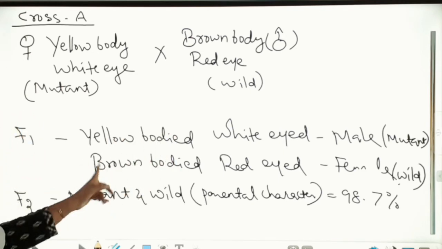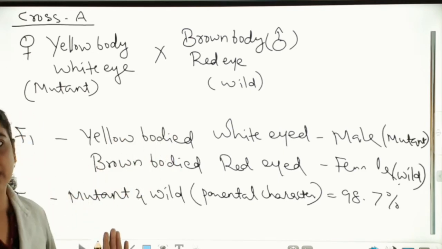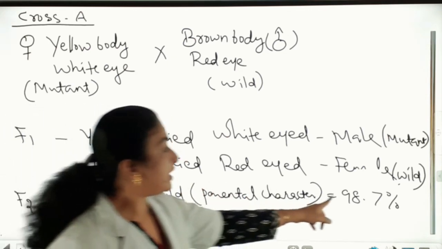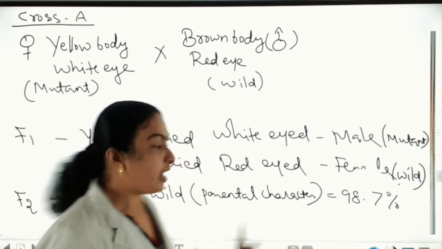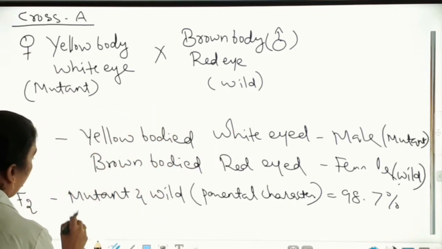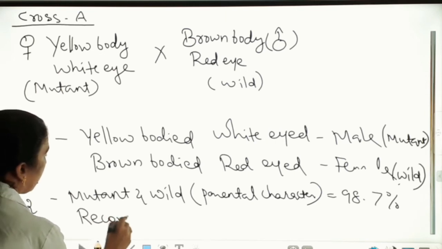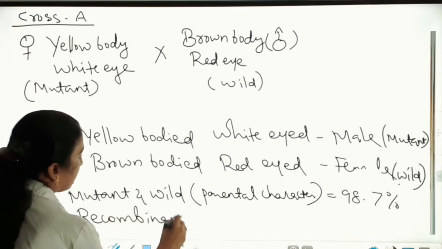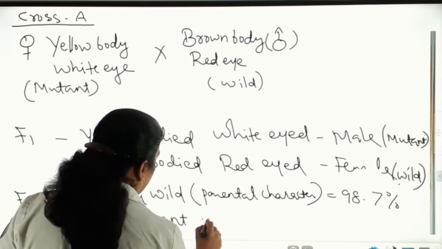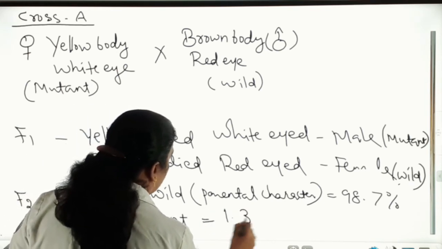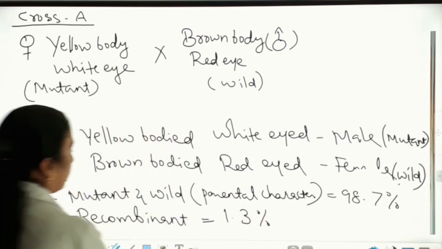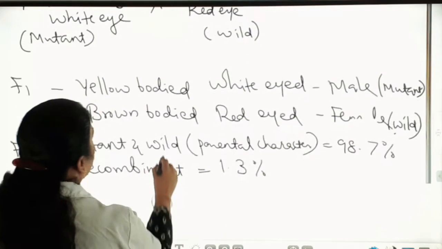Yellow body, white-eyed and brown body, red-eyed characters are shown by the F2 generation in 98.7%. And along with the parental character, recombinant characters are also shown by the offspring in 1.3%. Is it clear? So let's see which are the recombinant characters.